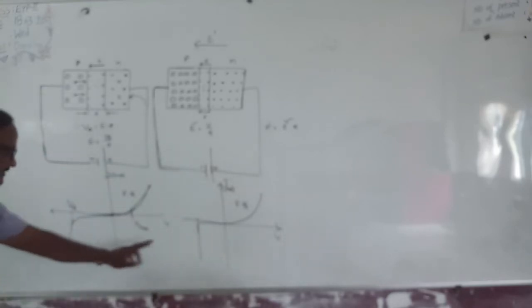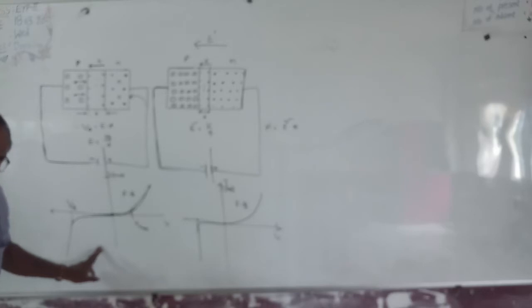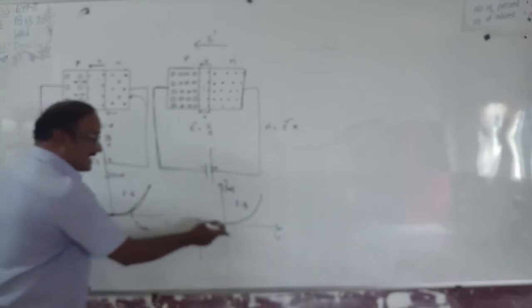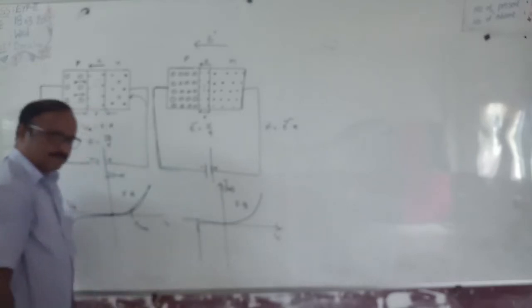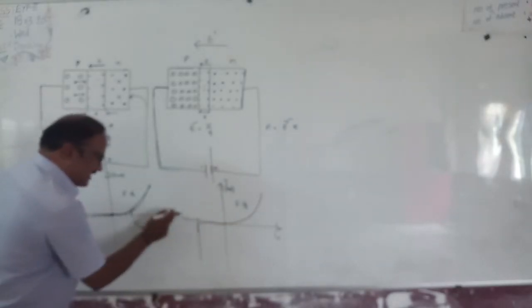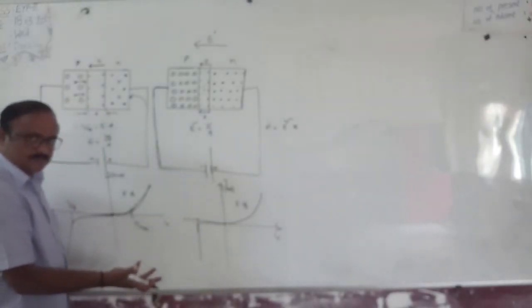Now what is the difference between these two? In an ordinary PN junction diode in reverse bias, beyond the breakdown potential, the current increases with the applied potential difference. But here, at a particular potential difference, the current becomes infinite. There is no need to increase the potential difference.